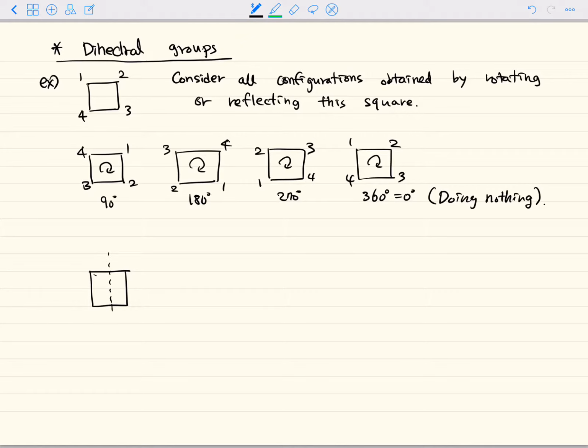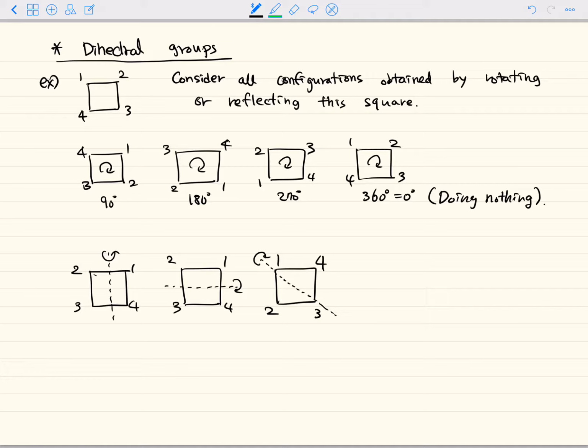If you reflect about this axis, 1, 2 will change their positions, and 3, 4 will change their positions. Also we can reflect about this line, where 1, 4 will change their positions, and 2, 3. And there are also more. We can reflect about this line, then 1, 3 will remain in their positions, but 2, 4 will be changed.